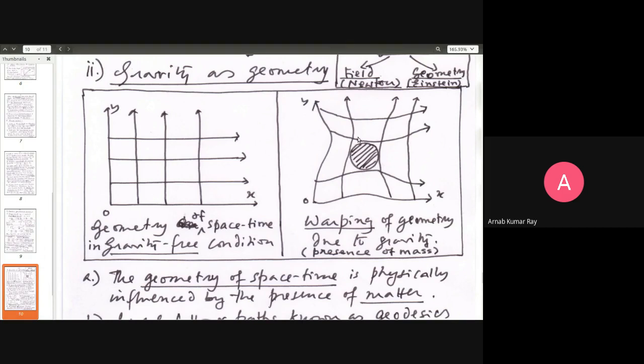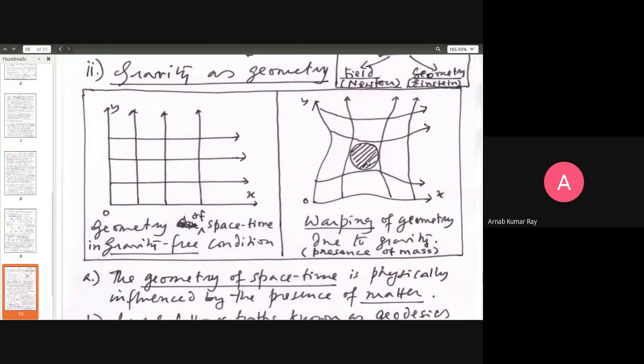Anyway, so what happens is that four of you are holding this sheet in four corners, and I place a cricket ball over there, or maybe a paperweight or whatever, something that's small but heavy. So what will happen immediately? It will cause a bit of a sagging in the tightly spread out sheet. Let's say your sheet was a white sheet on which you have drawn coordinate axes, as you would do on a graph paper.